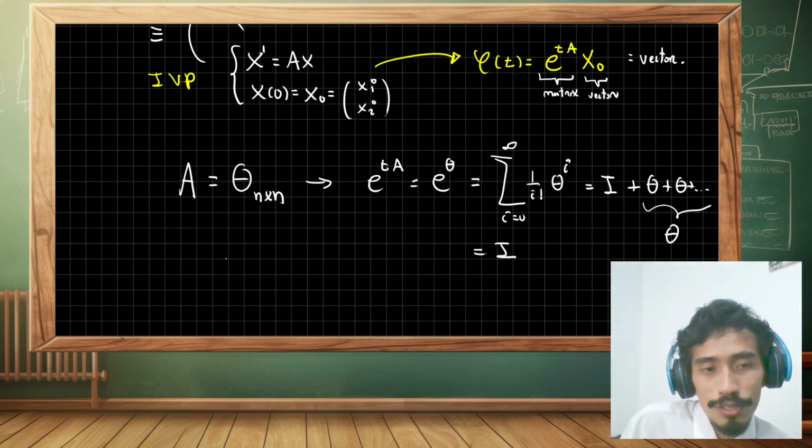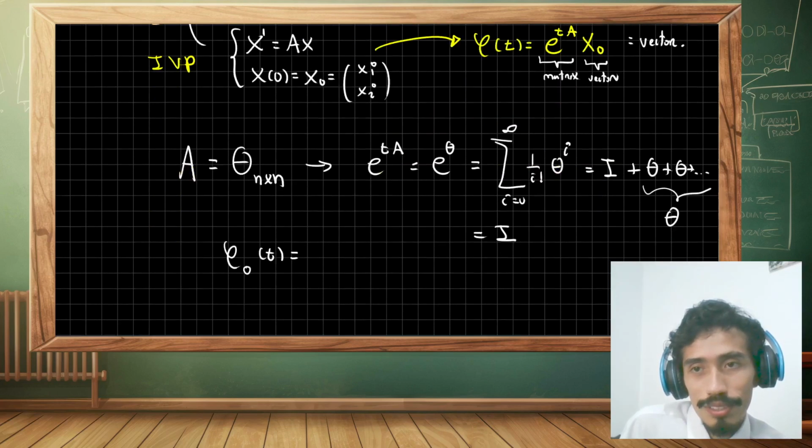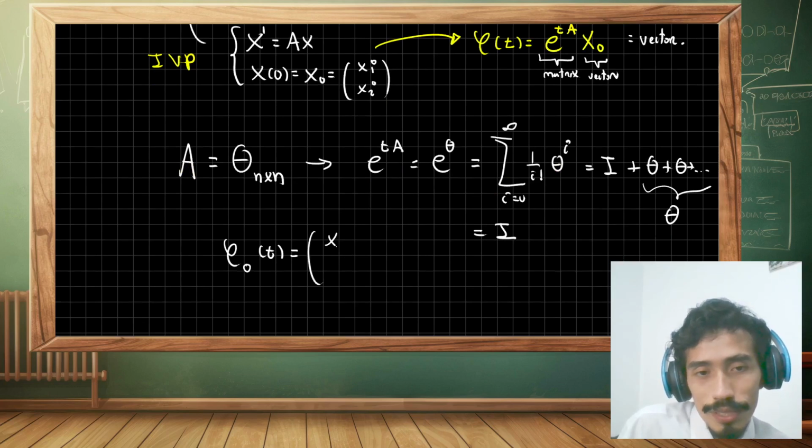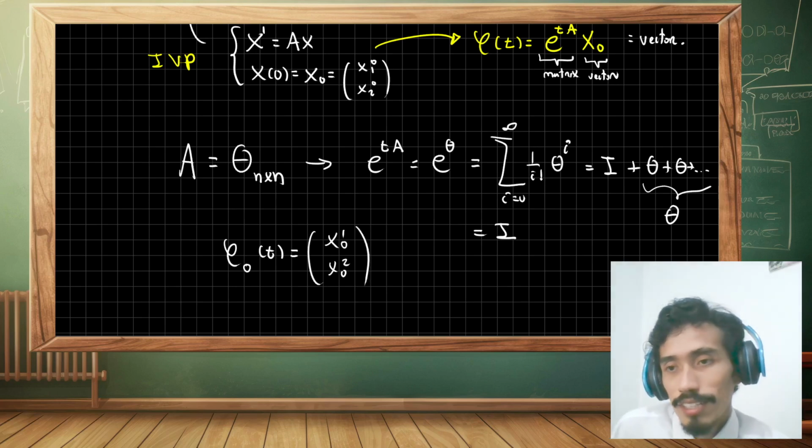So the most trivial solution is the identity times the initial values, so this will be just the initial values. Yeah, very easy.